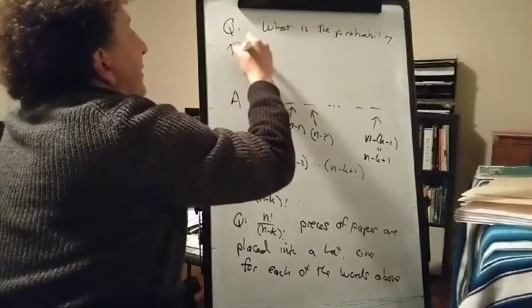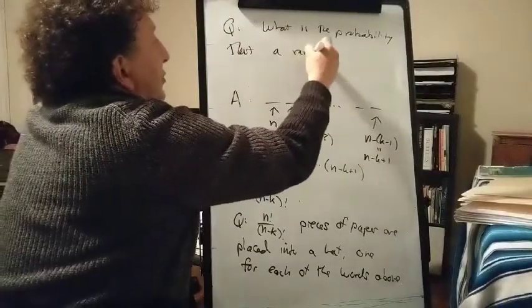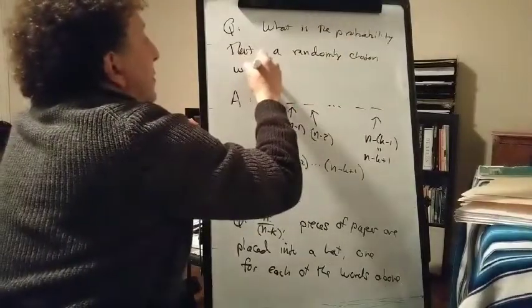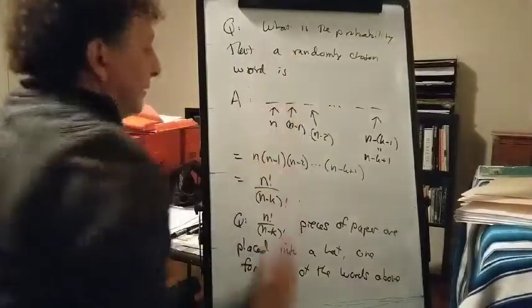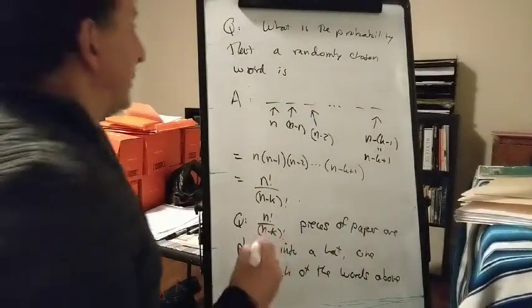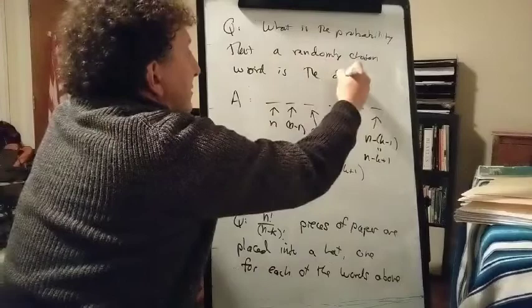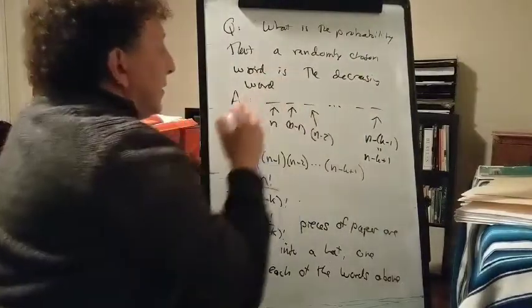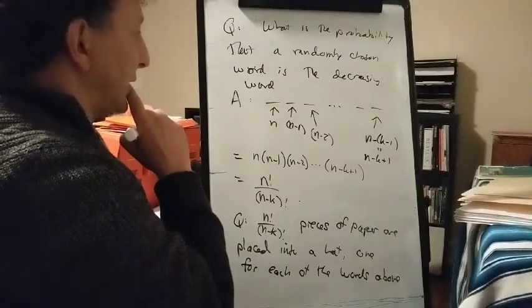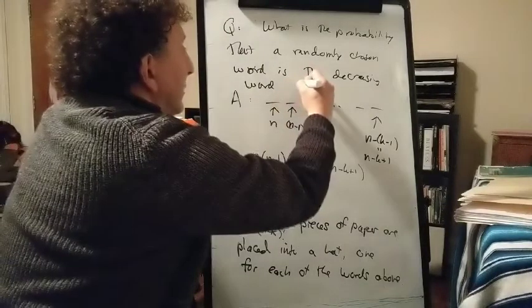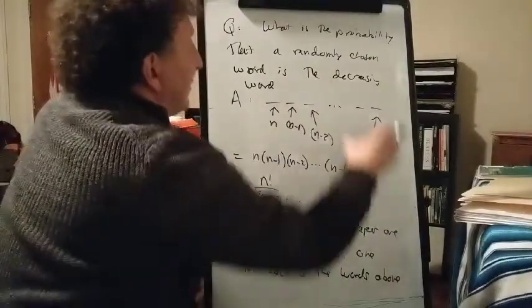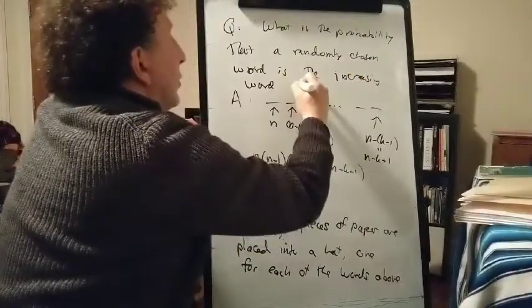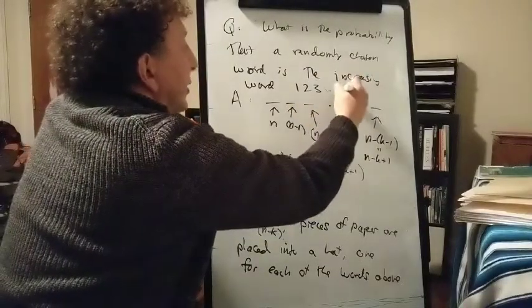What's the probability that a randomly chosen word is, let's say, the increasing word 1, 2, 3, etc. up to k?